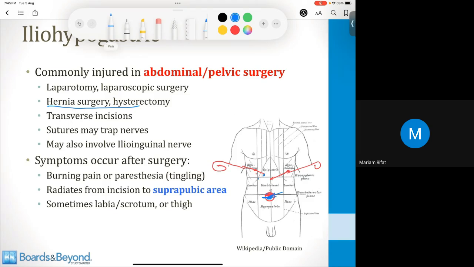The transverse incision, as we discussed, and the sutures themselves can thread the nerve. It may also involve the ilioinguinal nerve. So what is the ilioinguinal nerve? Do you have any idea?